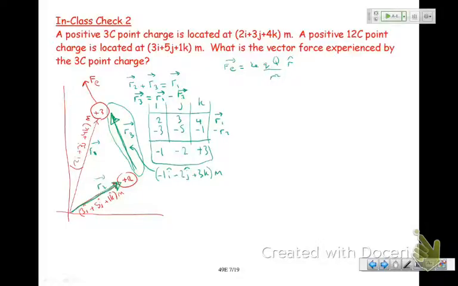So this is how I'm going to find this vector. If you have a quick way of doing it that works, then go for it. I just want to know if the given numbers are vectors and not location. They are a location which I'm defining by a vector. So it's vectors.